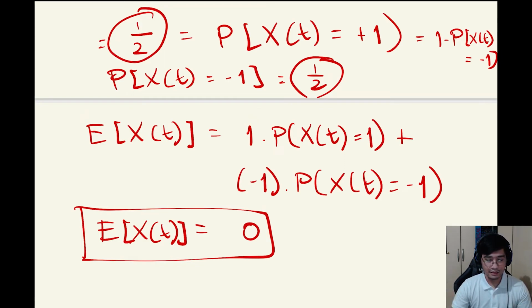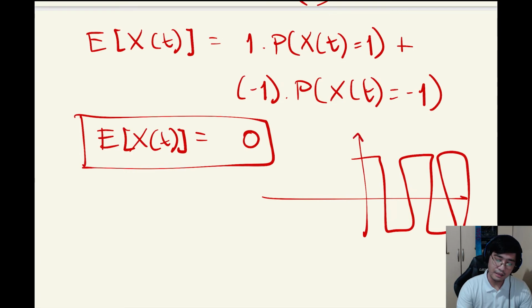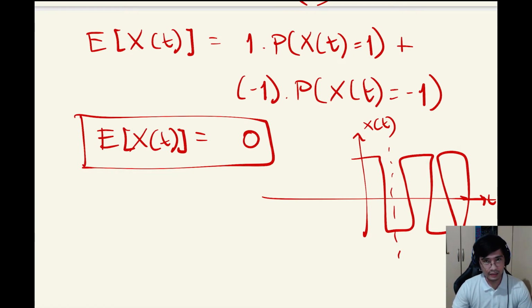So that means when we have this random process and we get the random variable here, we will obtain an expected value equal to 0. So that's how you solve the mean function of this random telegraph signal.